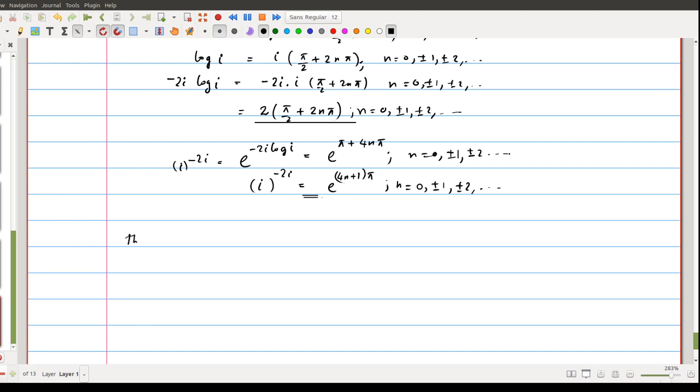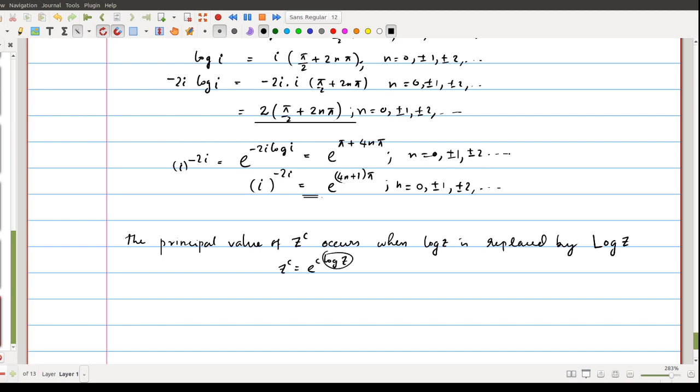The principal value of z raised to c occurs when log z is replaced by capital Log z in the expression z raised to c equals e to the power c log z.